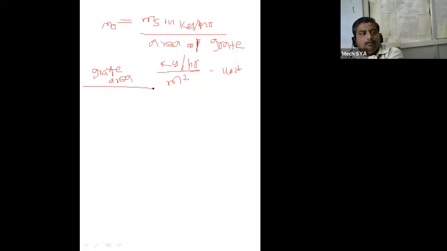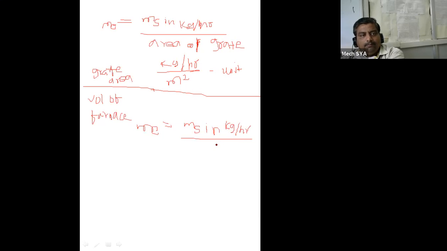Okay. Another basis is the volume of furnace. In that case, Me is equal to the mass of steam generated, ms in kg per hour, divided by volume.